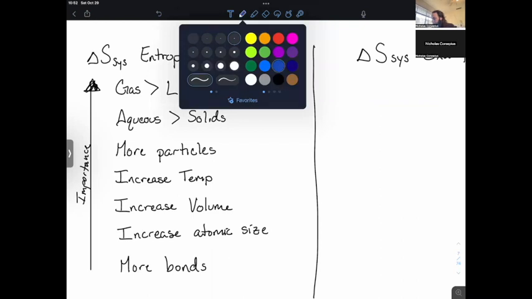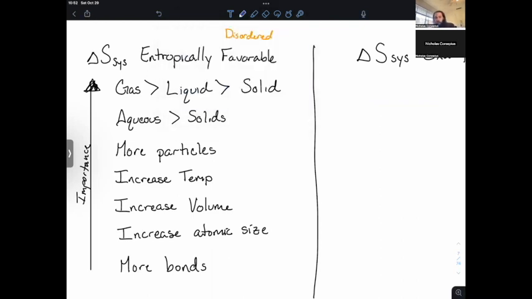One of these, before we move on, we're going to expand upon a little bit more. This is the idea of aqueous solutions being more disordered than solids. And we're going to say that this is mostly true.